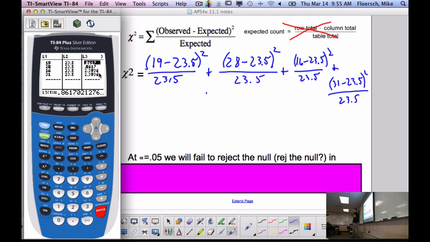What I'm interested in is the summation of those four, though, right? So I'm going to go to stat, calc, one variable stats for list 3, because I want the summation of list 3. Hit enter. There's my summation right here. Right there, right? Summation of x is equal to 6.5106.